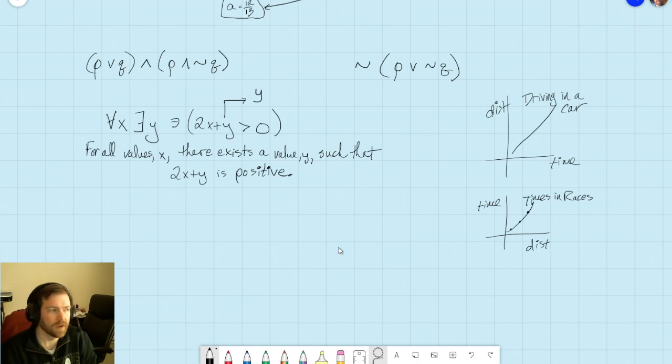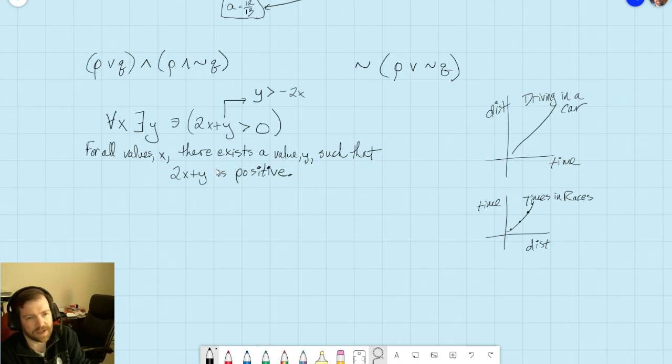All right, so anyway, if we rearrange this, we could see that if we leave y where it is and solve for y, we can subtract 2x from both sides, and we get y has to be greater than negative 2x. So again, the more negative x is, the larger in the positive direction y has to go in order to balance it out.